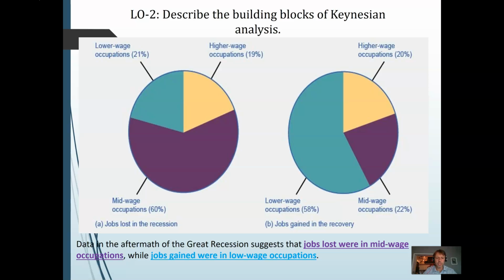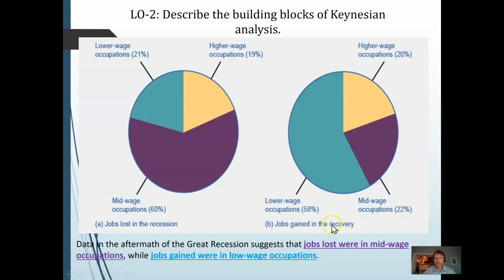If you went back to 2009, maybe you had someone you care about, a parent, a grandparent, an uncle or aunt, who lost a job. The jobs that were lost during the recession, most of them, 60%, were these mid-wage occupation jobs, with 20 or 21% lower-wage, and 20% or 19%, roughly similar, higher-wage jobs.